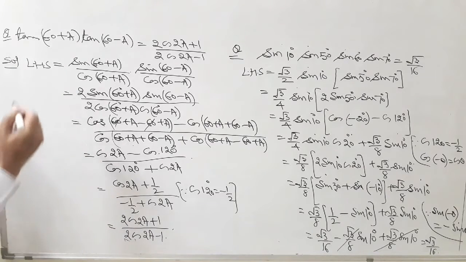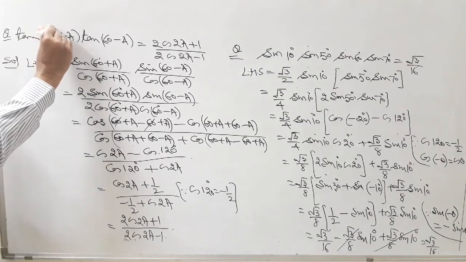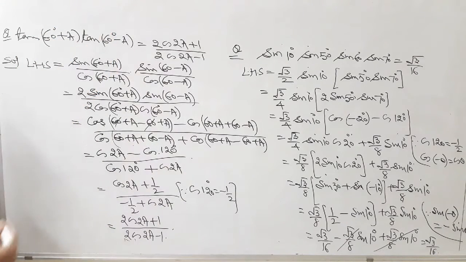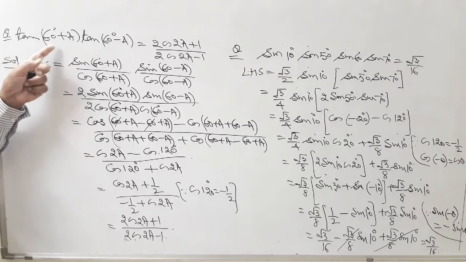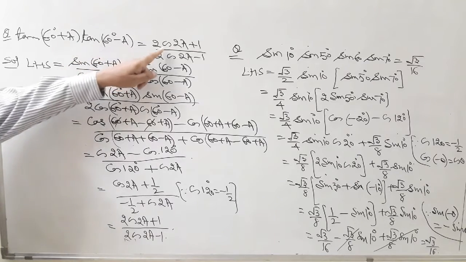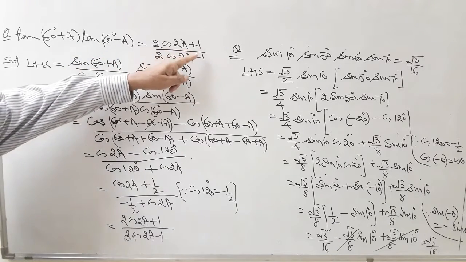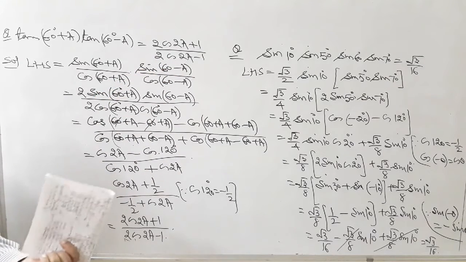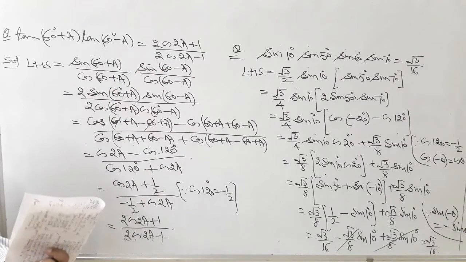It is tan(60 degrees plus A) tan(60 degrees minus A) equals (2 cos 2A plus 1) over (2 cos 2A minus 1). This we have to prove.